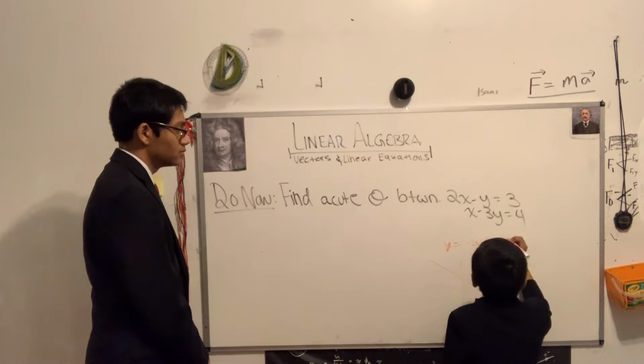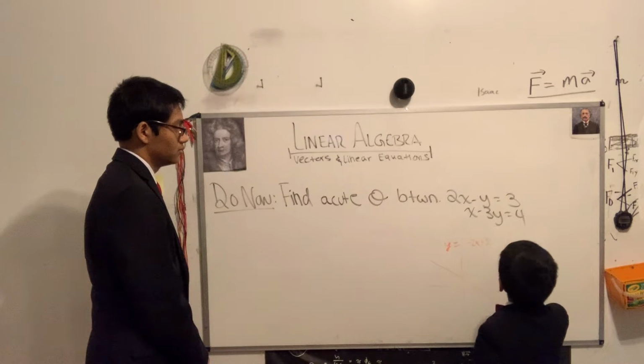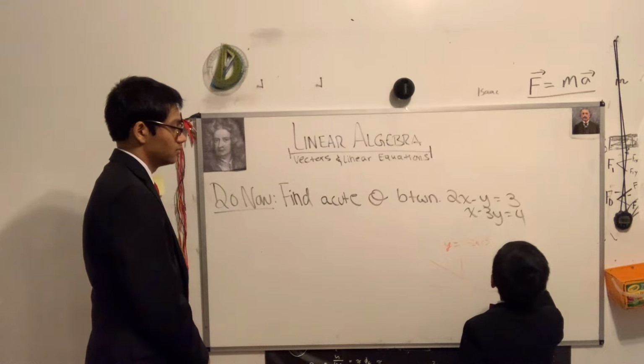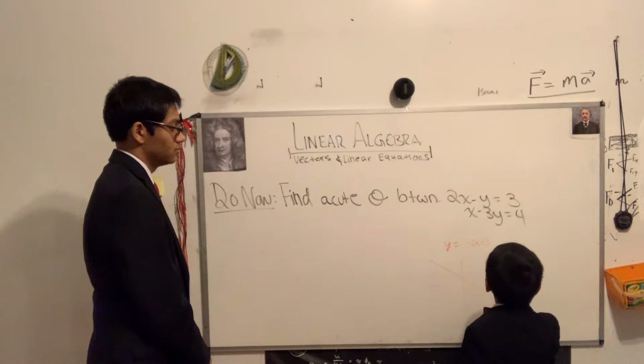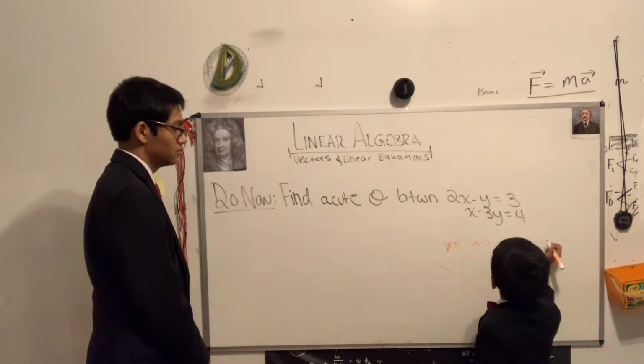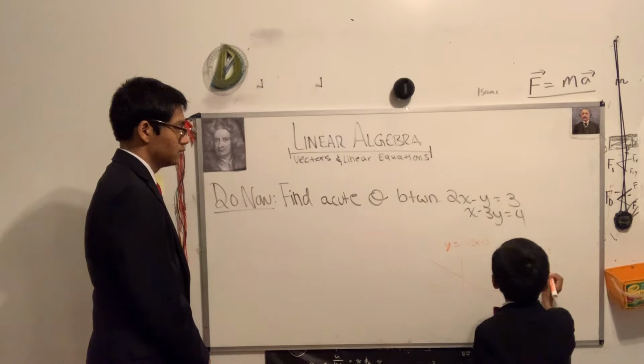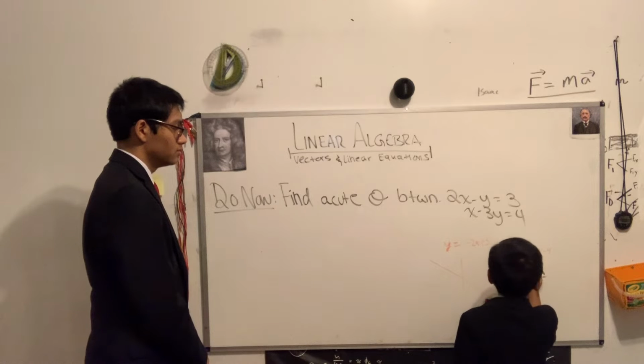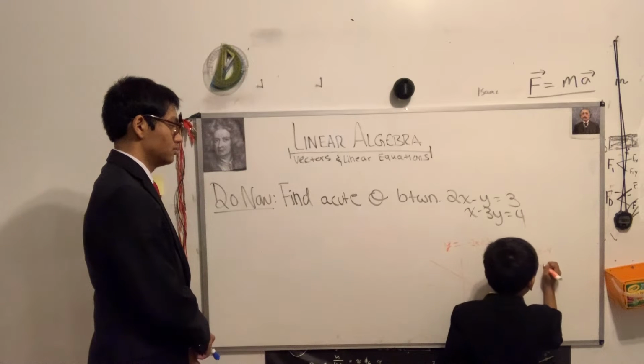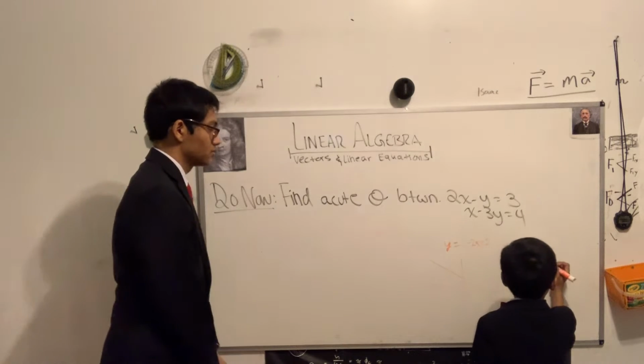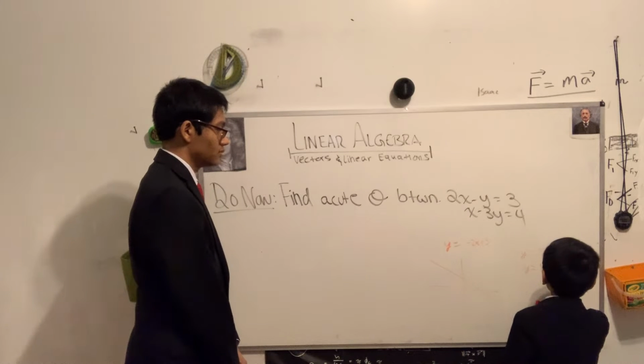And then this rearranged is 3y equals 4 minus x. No, 3y equals x minus 4. So y equals x over 3 minus 4 over 3.